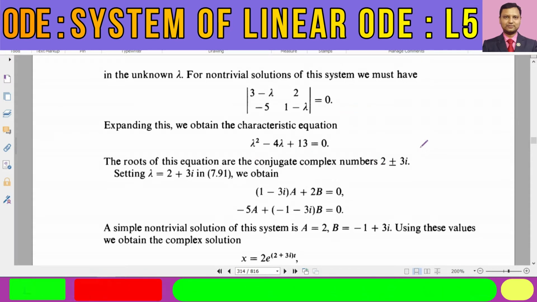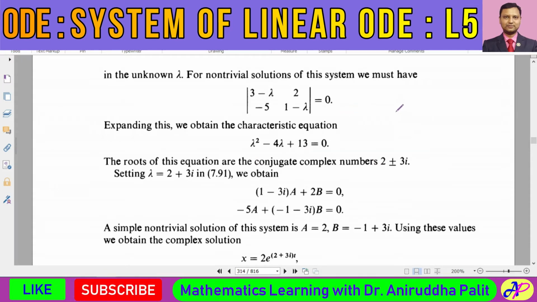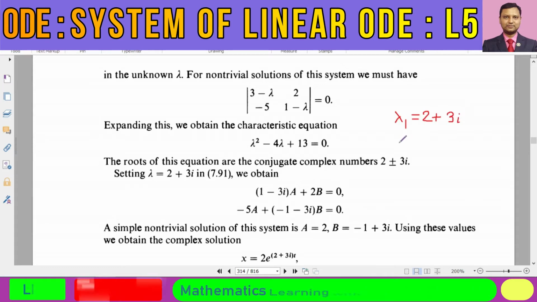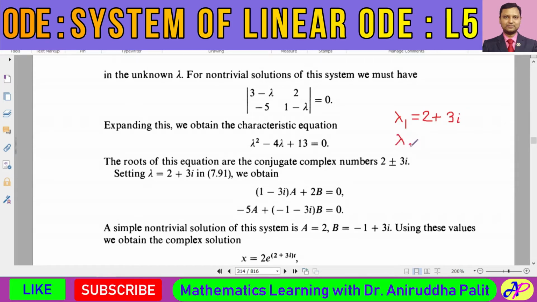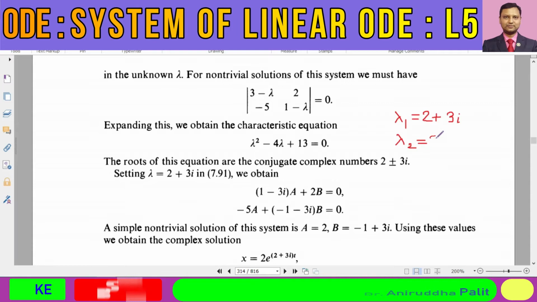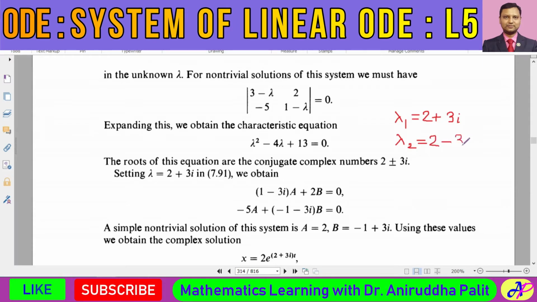So we can consider lambda 1 is equal to 2 plus 3i, and lambda 2 is equal to its conjugate value, 2 minus 3i.